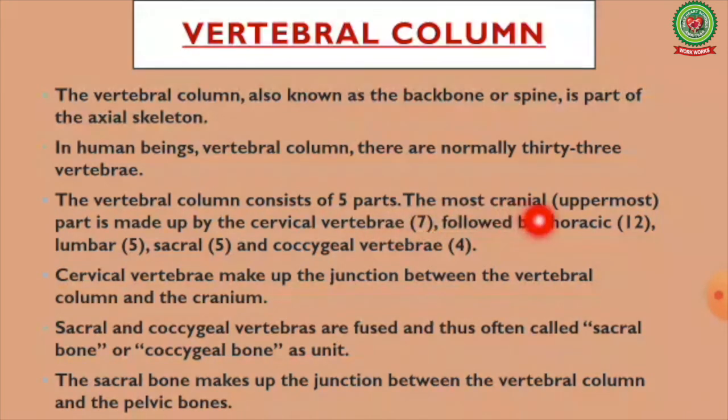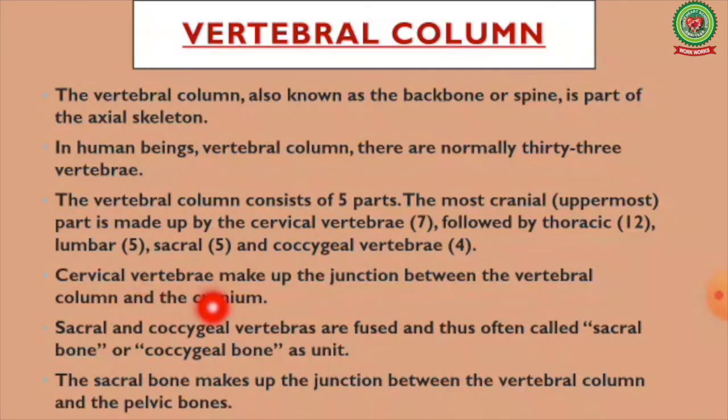The most cranial, uppermost part is made up by the cervical vertebrae, followed by the thoracic, then lumbar, sacral, and coccygeal vertebrae. Cervical vertebrae make up the junction between the vertebral column and the cranium.